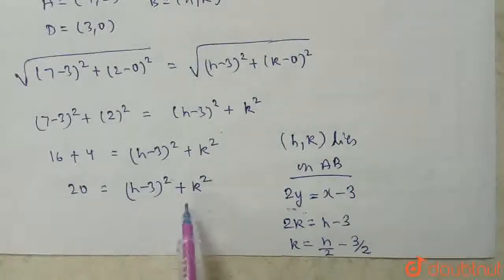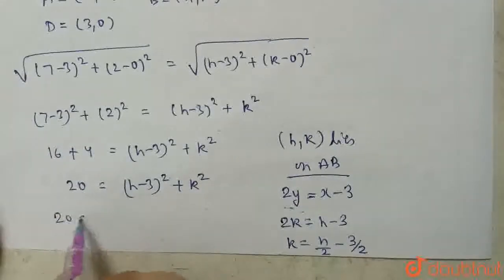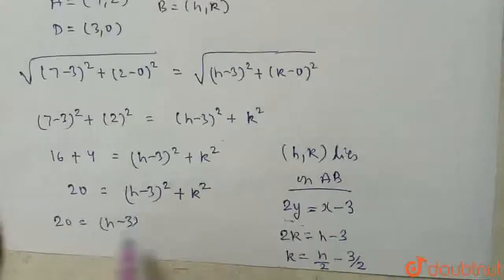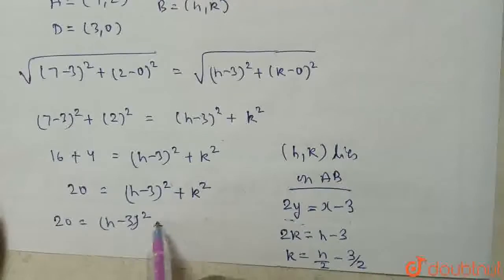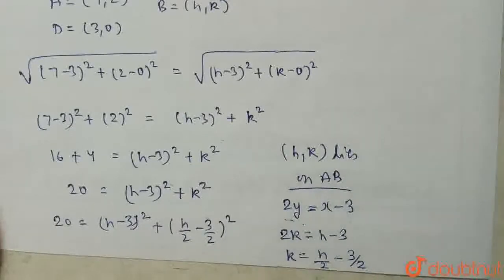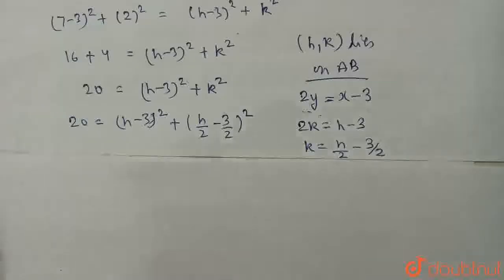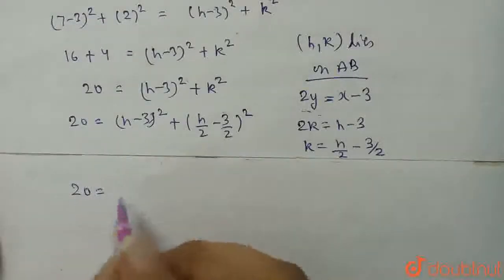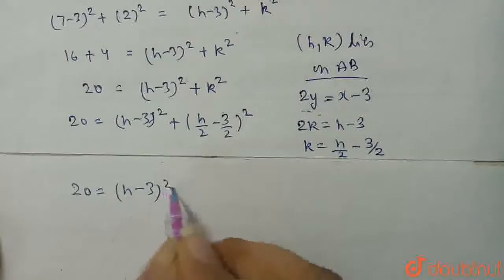So putting the value of k here, we get 20 is equal to (h minus 3) squared plus (h by 2 minus 3 by 2) whole squared.